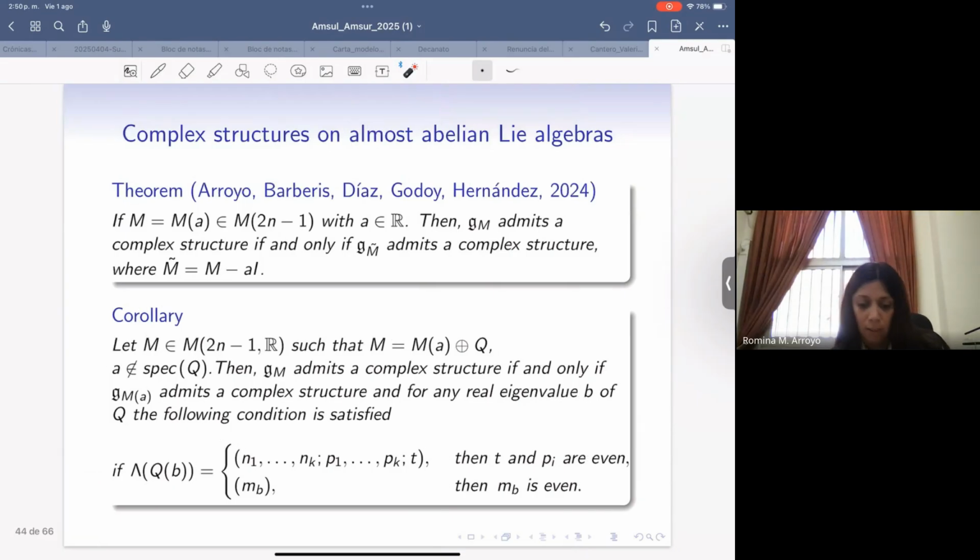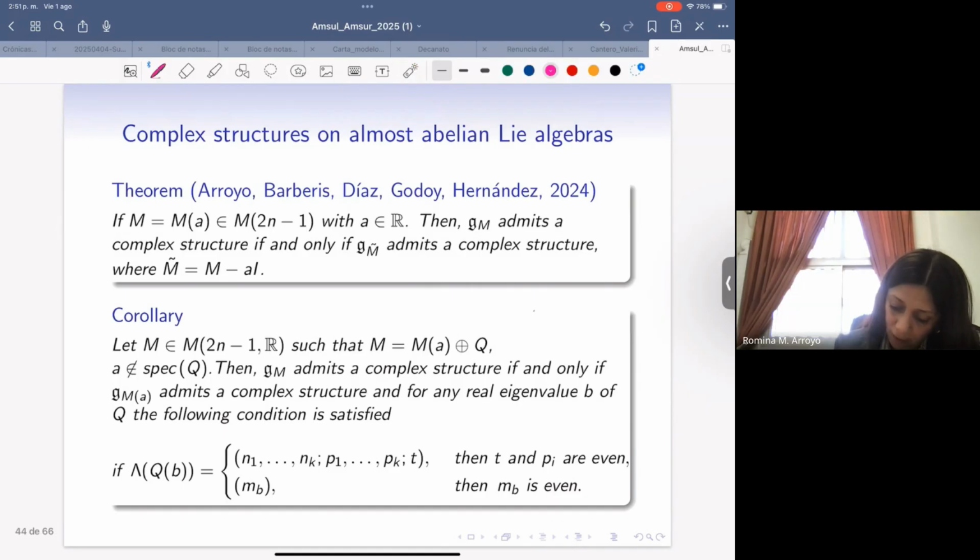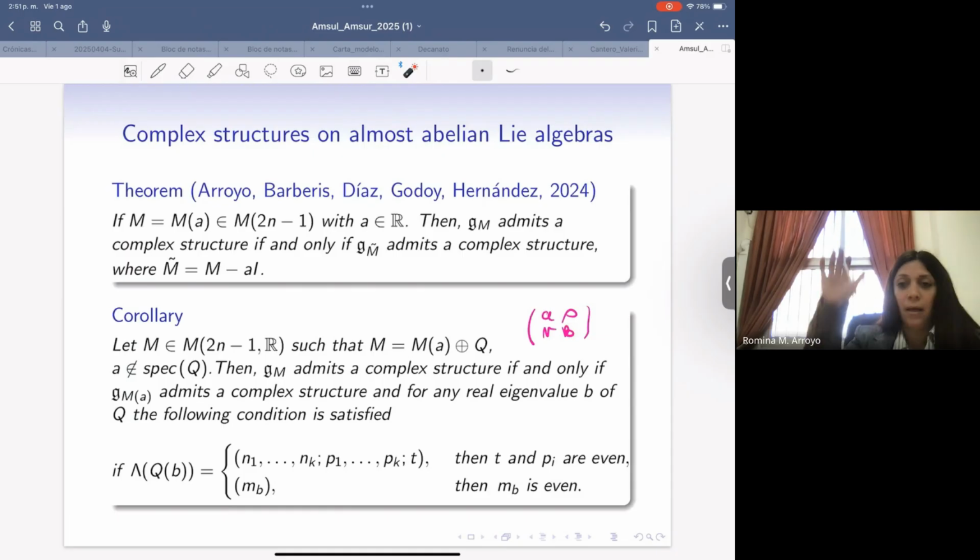And in general, I am going to write again here, A, B, like this. A is always an eigenvalue, but then on B you can have some eigenvalues which are A or not.